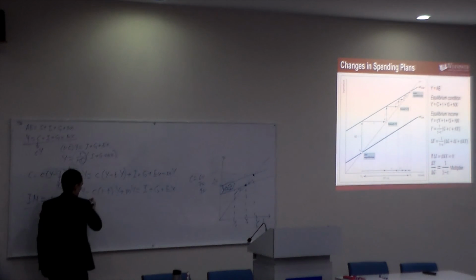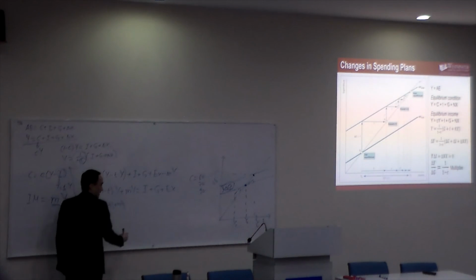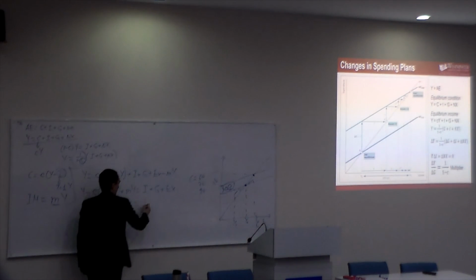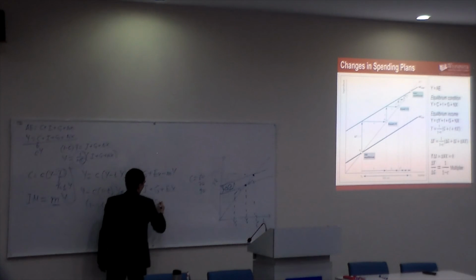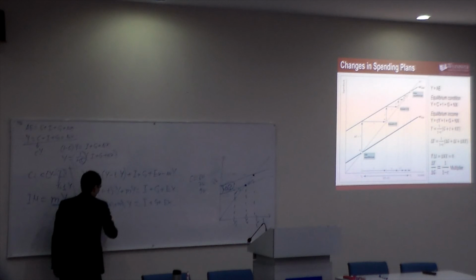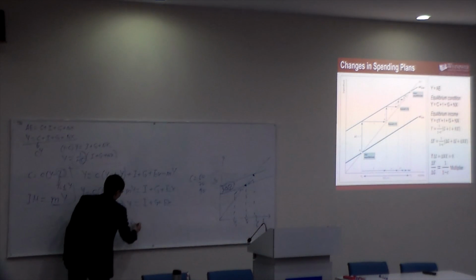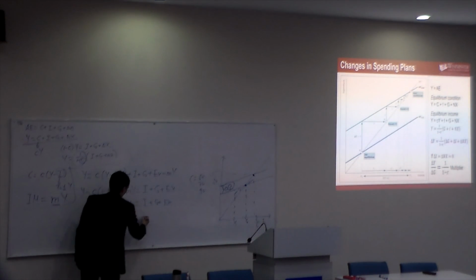Or it gives us 1 minus c times 1 minus t plus m, which is multiplied by y equal to I plus g plus x. In other words, our multiplier in this case is equal to 1 over 1 minus marginal propensity to consume times 1 minus tax rate, plus marginal propensity to import.